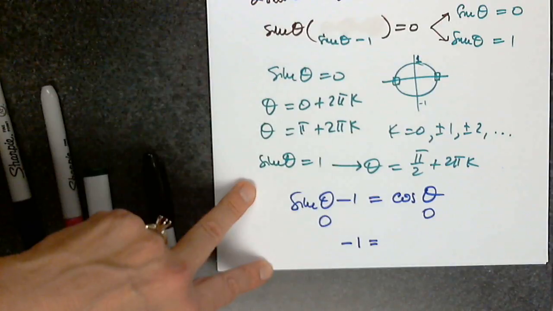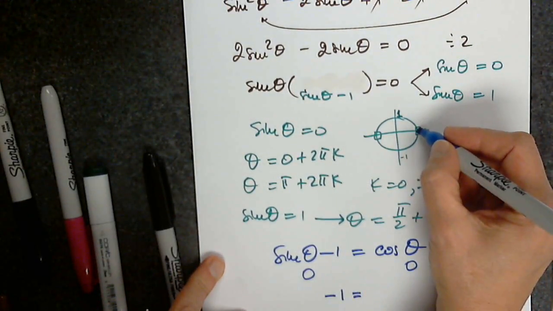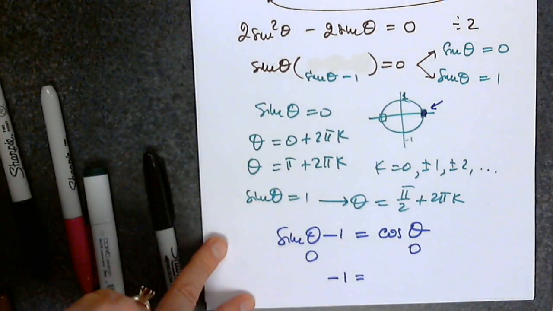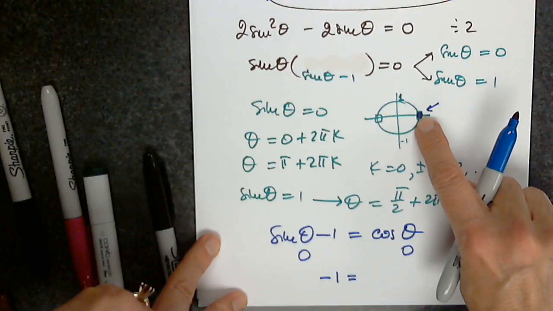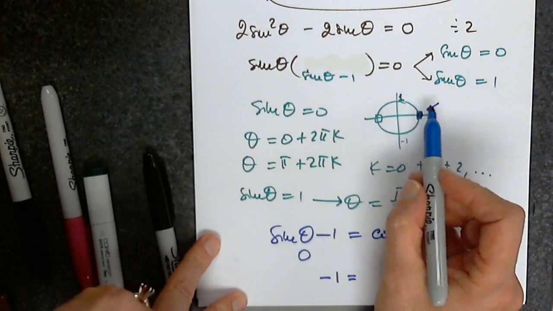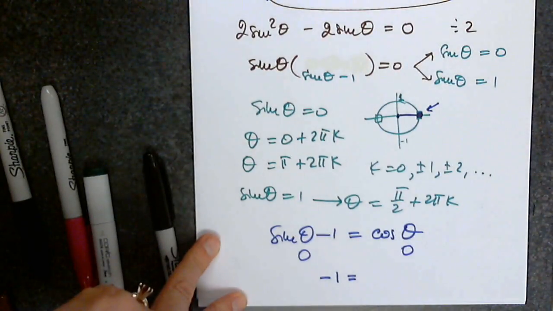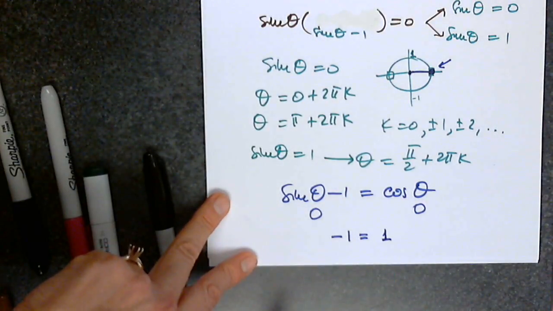At 0 radians, it's 1, the measure between the center and this point. Is negative 1 the same as 1? No.